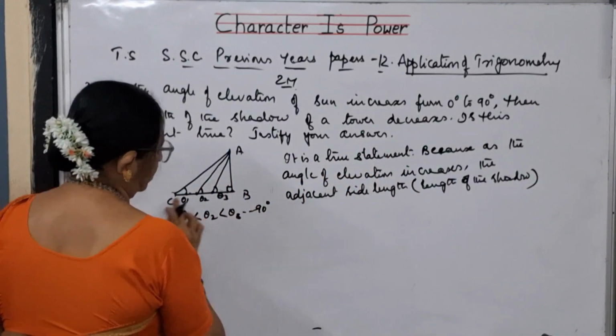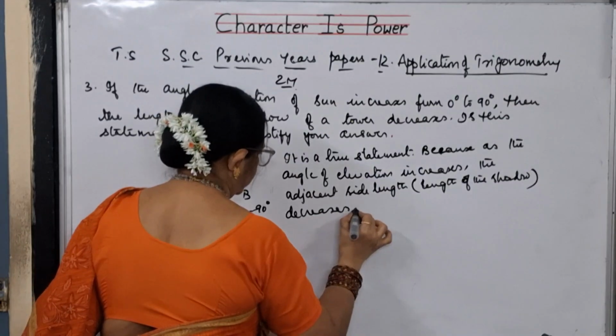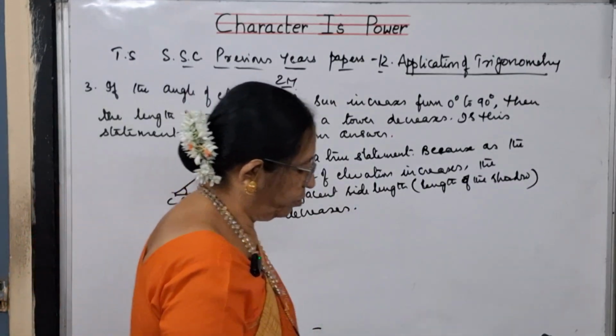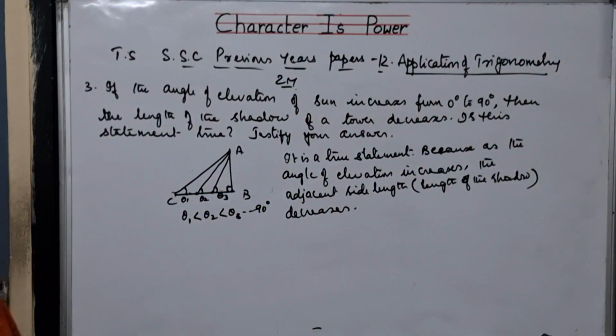This is the adjacent side, the length of the shadow decreases. So this is the answer for this, children. I hope I am clear to you. Please write down.